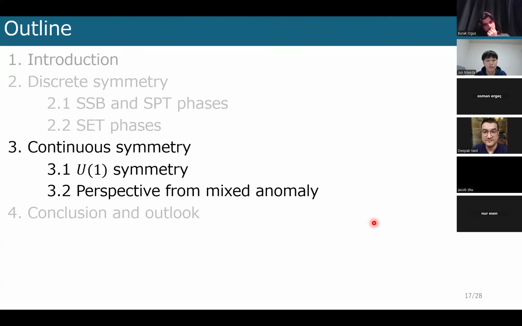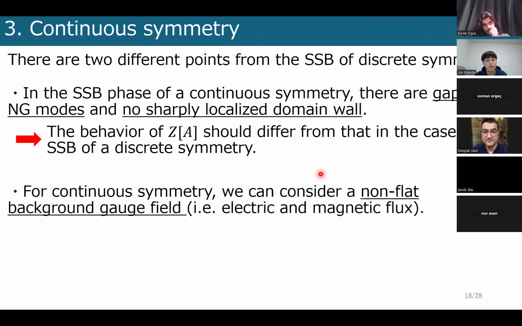Okay, if not, let's move on to the case of continuous symmetry. For continuous symmetry, there are two differences from the SSB of discrete symmetry. First, there are Nambu-Goldstone modes in the SSB phase of continuous symmetry, and there is no sharply localized domain wall.